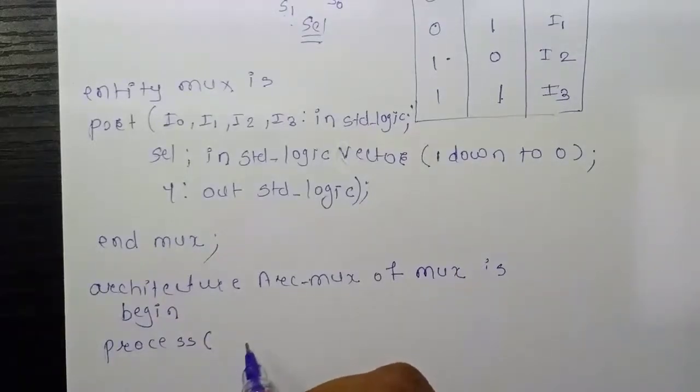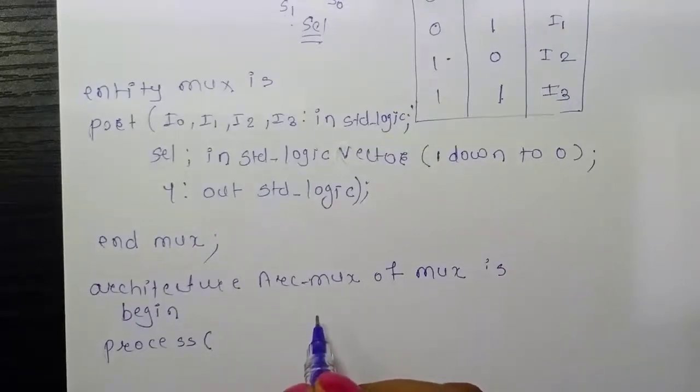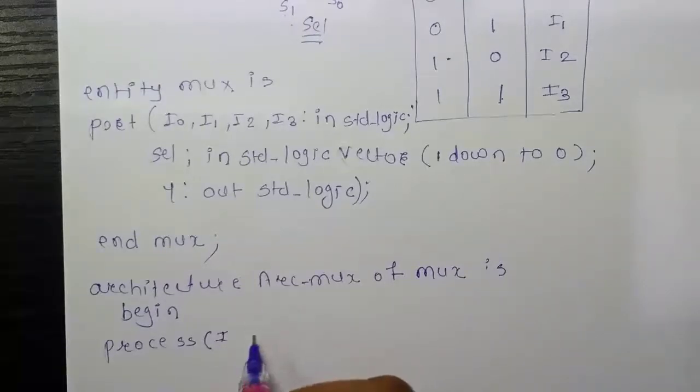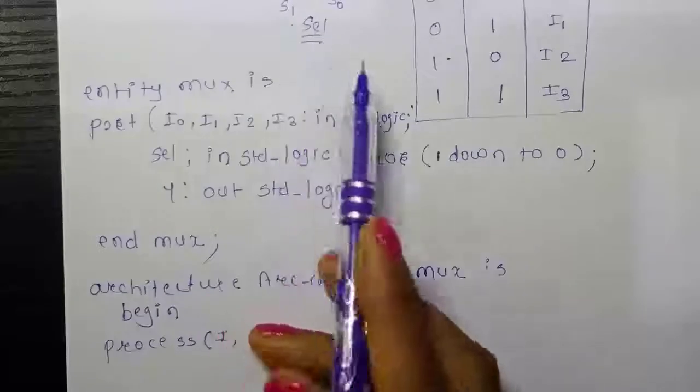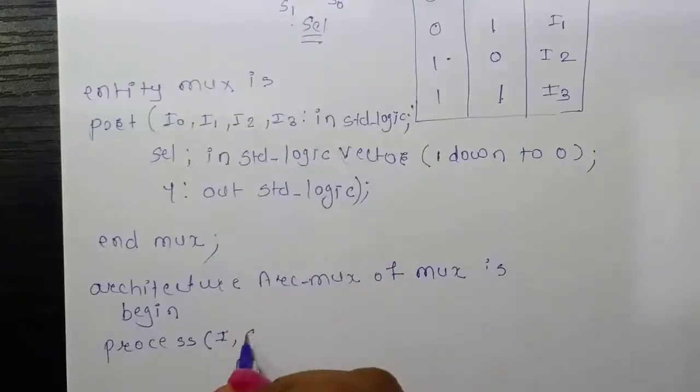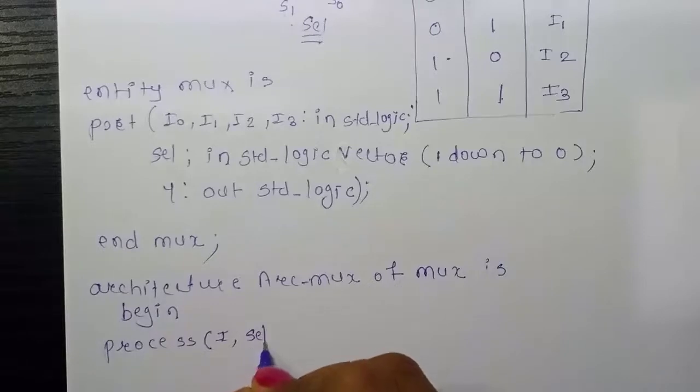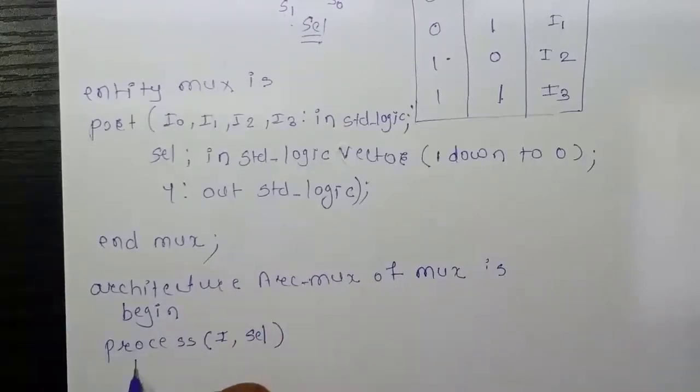So our changing inputs are what? I0, I1, I2 and I3 and S1 and S0. We can write I0, I1, I2 and I3 as only I. Then the two selection lines, S0 and S1, we also named as a single variable, that is sel. So we can write here sel. And then again begin.